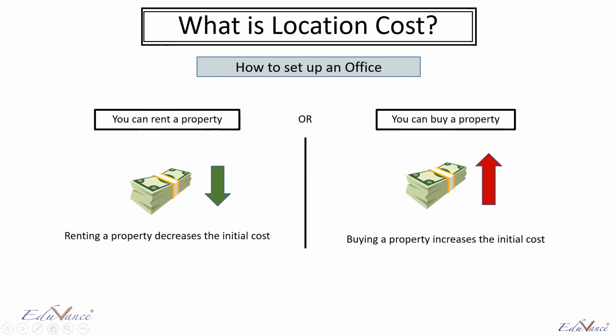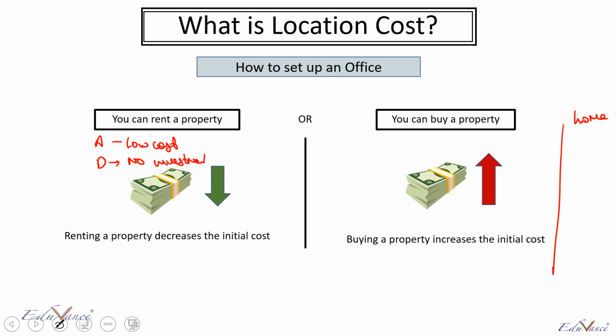Okay, guys. So what have we looked at here very carefully? There are 3 options. You can rent a property, or you can buy a property, or you can start your company from home. If you rent a property, the advantage is low cost. The disadvantage is no investment. If you buy the property, the advantage is you have an investment and that investment keeps going up.